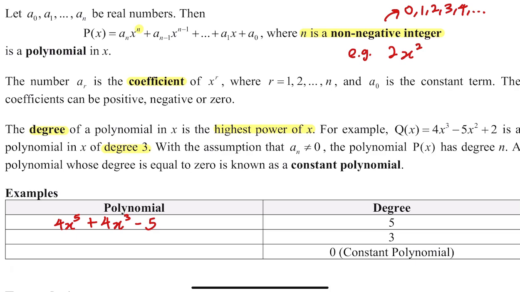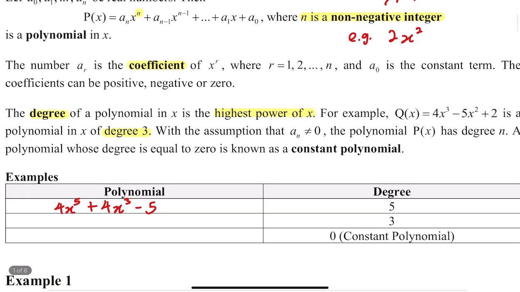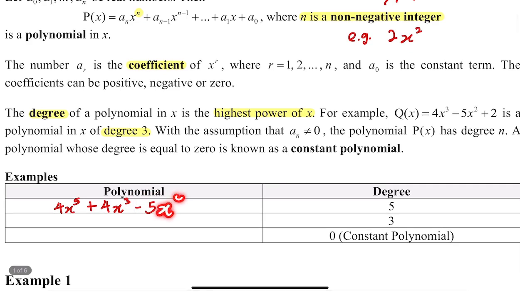Even though there is no x next to the 5, it's actually an invisible x power 0, and you learned in the chapter on indices that x power 0 is equal to 1. So constants, just numbers by themselves, are also polynomials with an invisible x power 0. This is an example of a polynomial with degree 5.